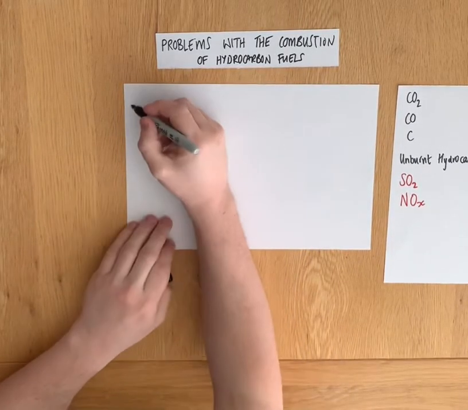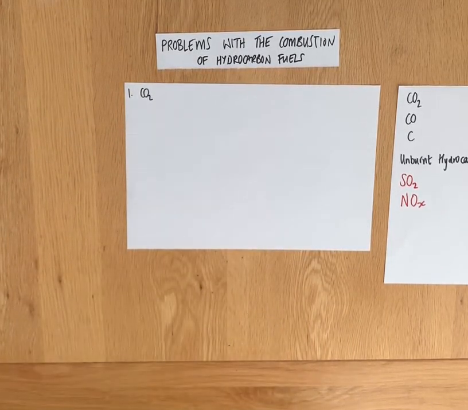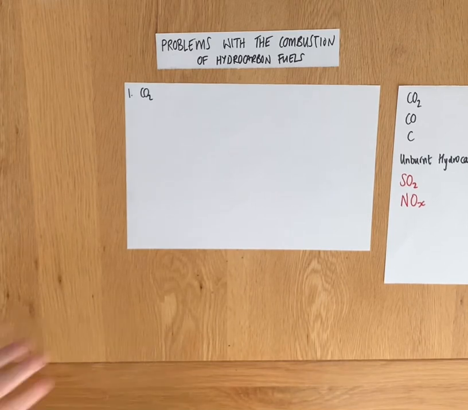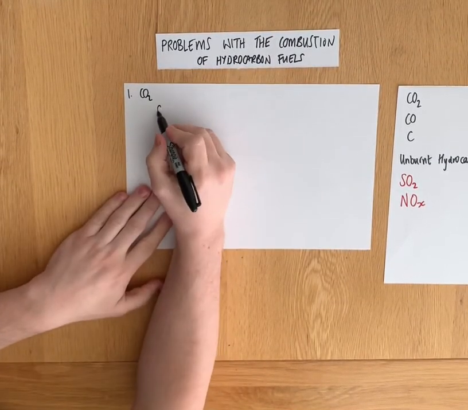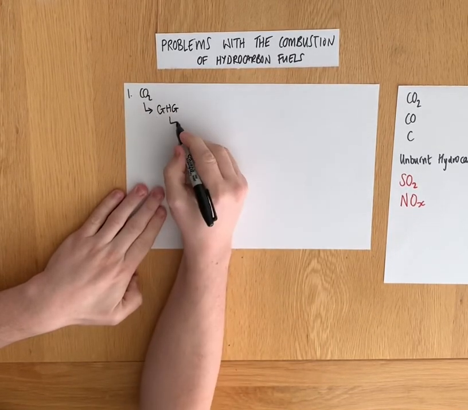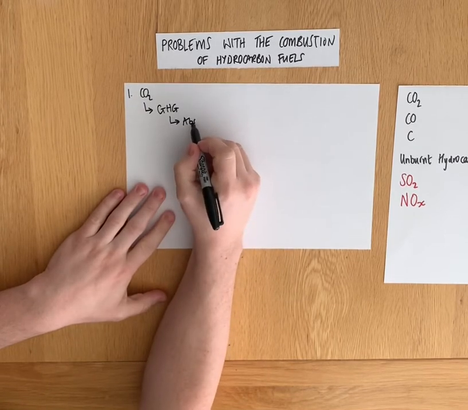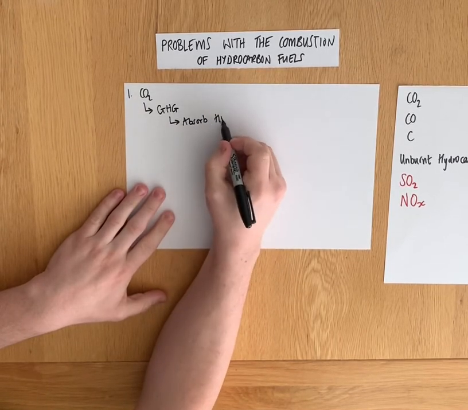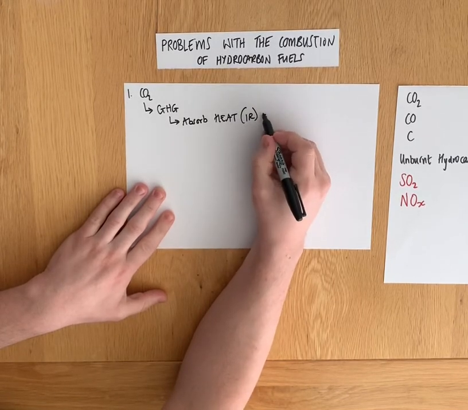First of all, the complete combustion of fossil fuels releases carbon dioxide. We know that carbon dioxide is a greenhouse gas. Why is it a greenhouse gas? Because greenhouse gases absorb heat energy or infrared energy.